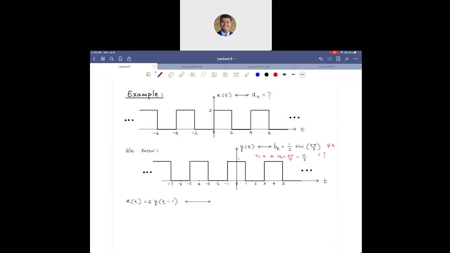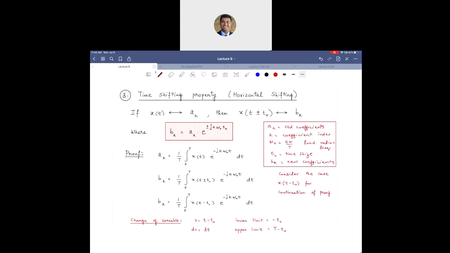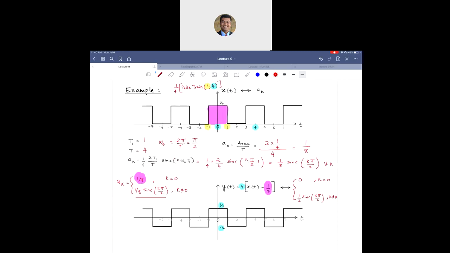Let us quickly verify. Observe y of t over here. Y of t is half and negative half, so the peak to peak amplitude is 1. And the t1s and Ts are all matching up. So if I push this up by half, what do I get?